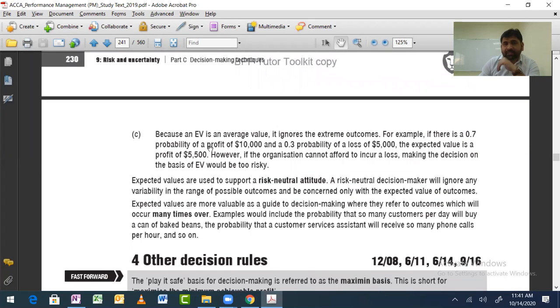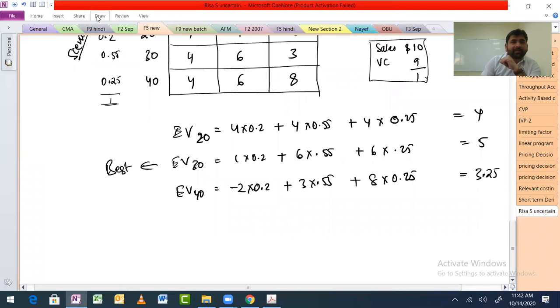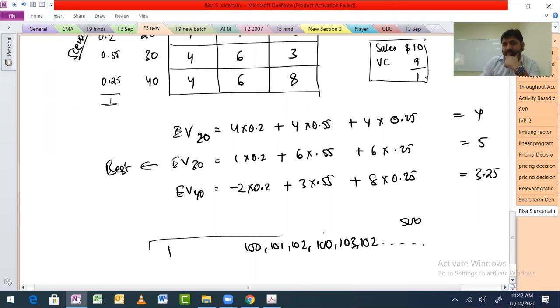Then, because the EV is an average value, it ignores the extreme outcomes. We are talking about average, right? So it ignores the extreme outcomes. This is what averages do. For example, if I tell you to find the average of 1 and then 100, 101, 102, 100 again, 103, 102 again, and like this I give you, let's say, 500 numbers all together.